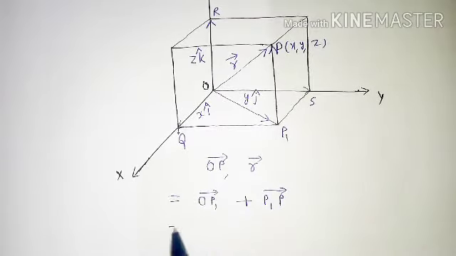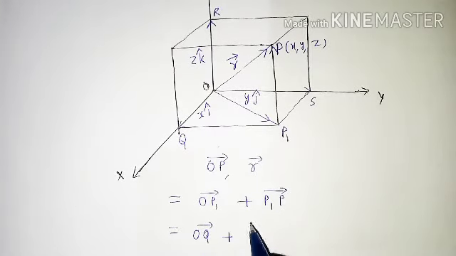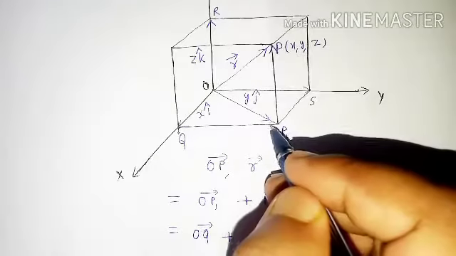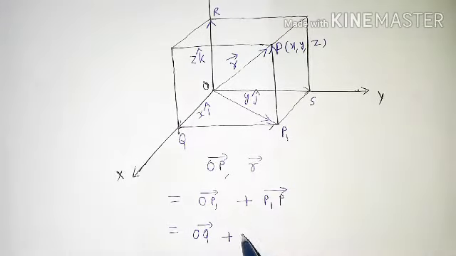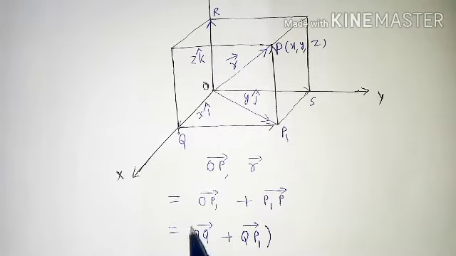This implies that vector OP1 is vector OQ plus vector QP1 by the triangle law of vector addition.